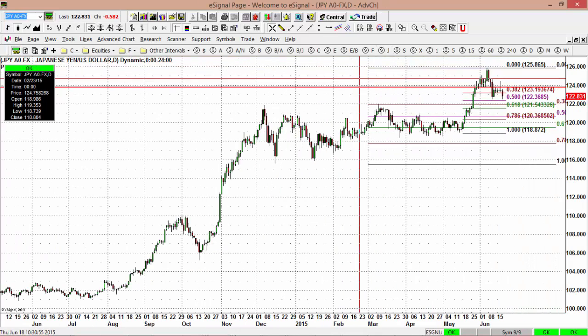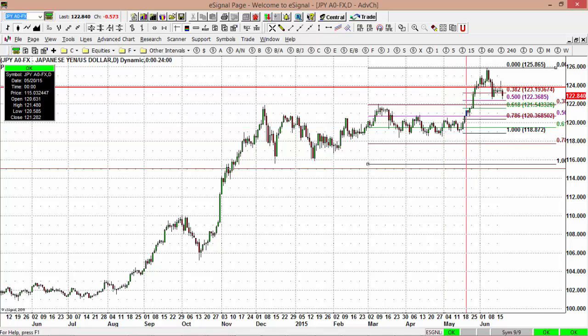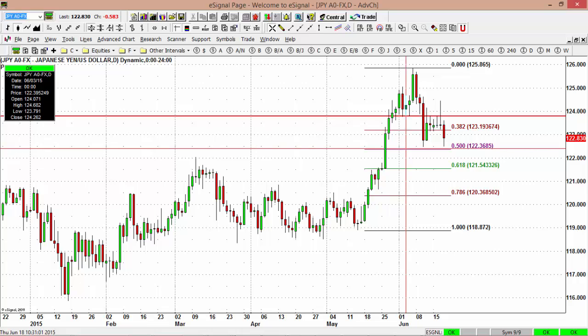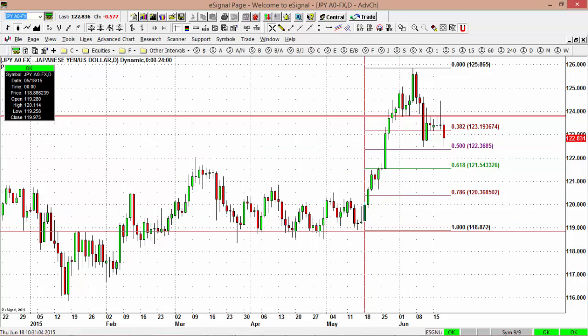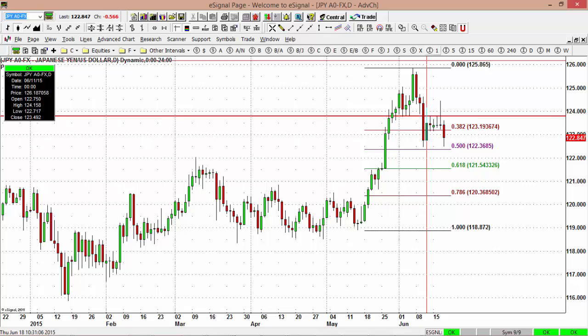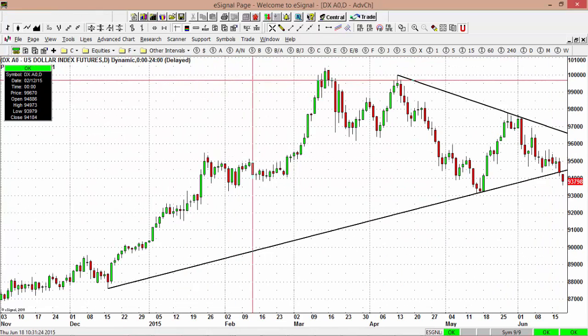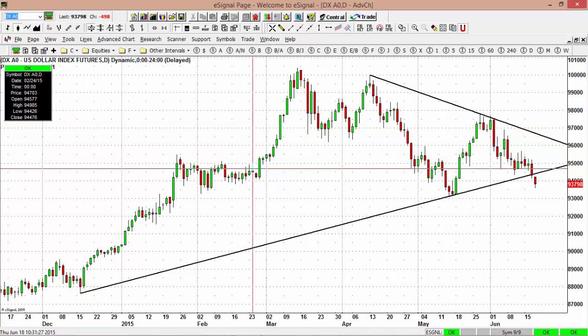Japanese yen is pulling back, and I just want you to note that the market is currently pulling back just shy of this 50% retracement level from the swing low at 119 up to 126. So look for this 122.36 area to act as support in the Japanese yen. If that support is breached, the next areas of support will be 121.54 and 120.36.